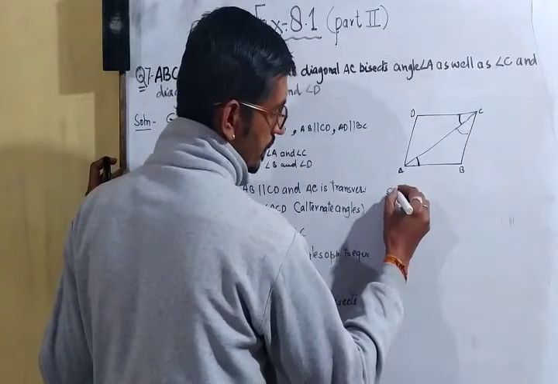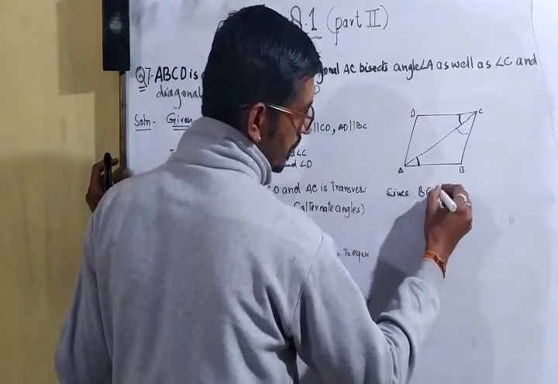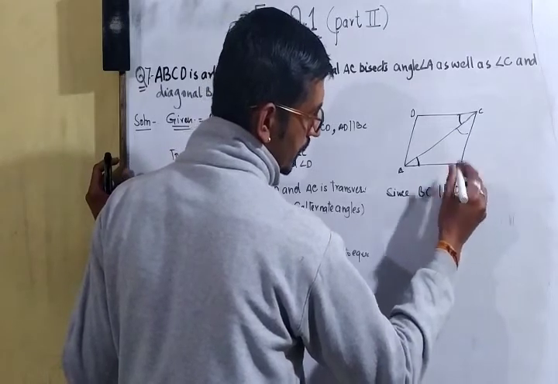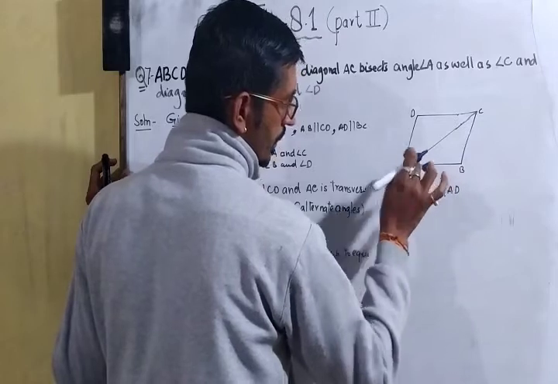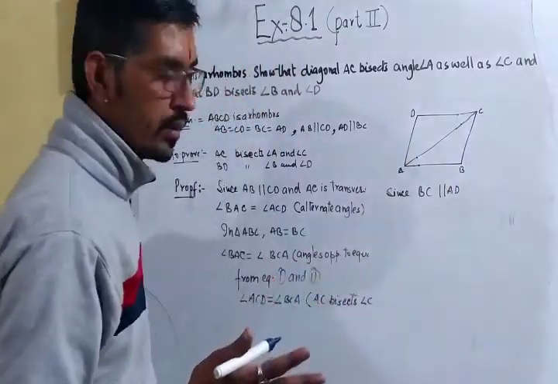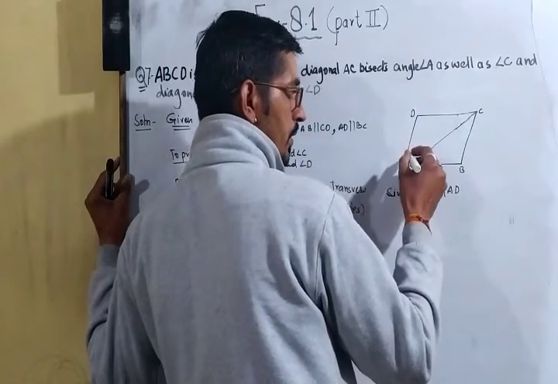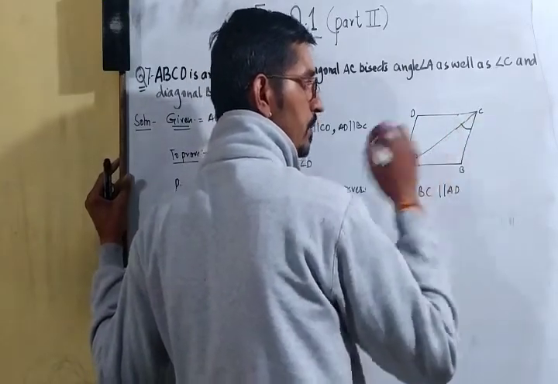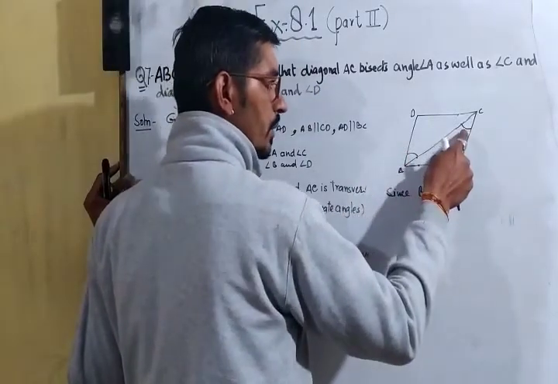Now since BC is parallel to AD. Now what we can say? Now look out for the Z-shape angle. This is parallel to this. So this angle will be equal to this angle. Okay? This angle will be equal to this angle.